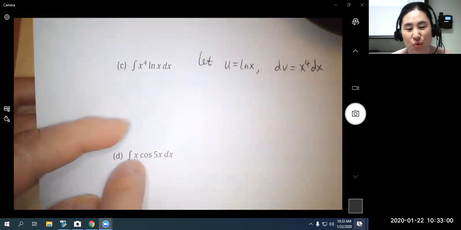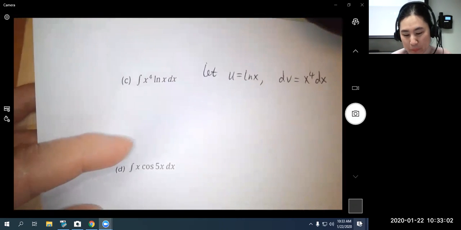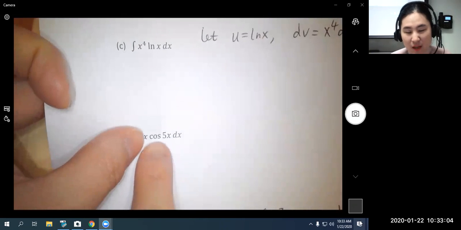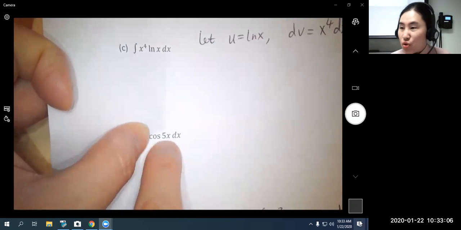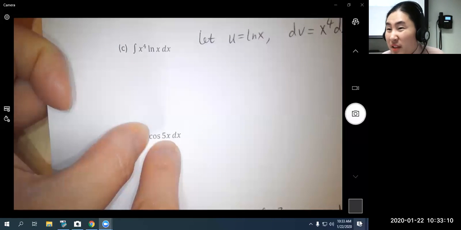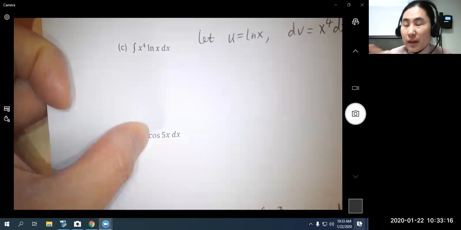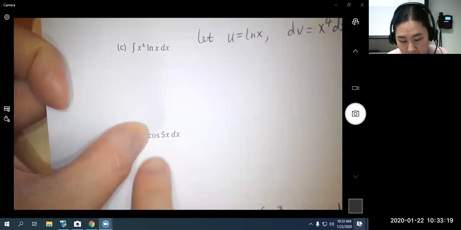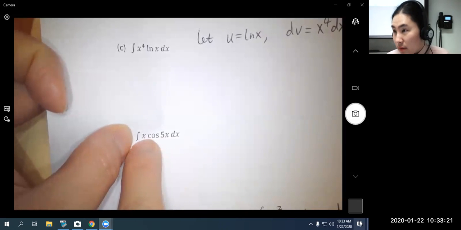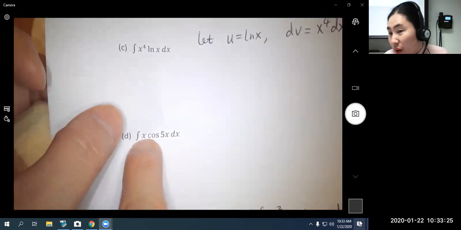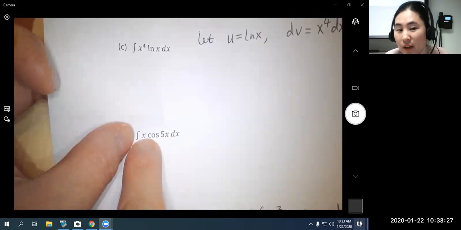which function do you want to be our u? Just now we talked about, if we let u equal the trig function, when we differentiate, we'll still get the same type of function, right? Not easier. However, if we let u equal x, du gives us dx.